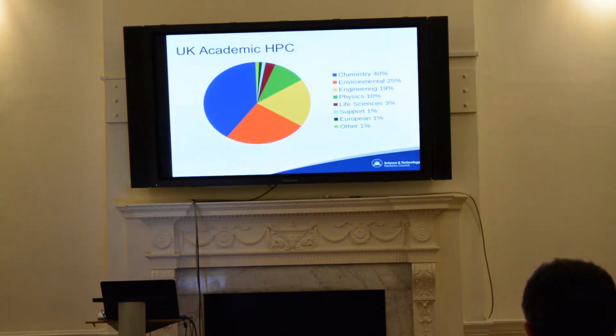I'll give a breakdown now of what the scientific application areas are for UK academic high-performance computing. Basically, quite a lot of the simulations involve materials chemistry and chemistry-type simulations. There are also a large number of the environmental type, by which I mean weather research forecasting, aerosol modelling and atmospheric modelling applications as well.